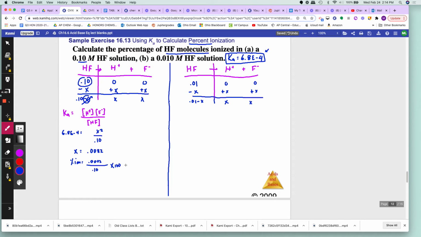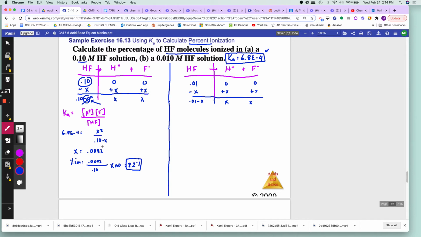And I got 8.2%. That's supposed to be less than 5% to be able to make this assumption that it's negligible, which means I have to do this whole thing again using 0.10 minus X here, using the quadratic equation.